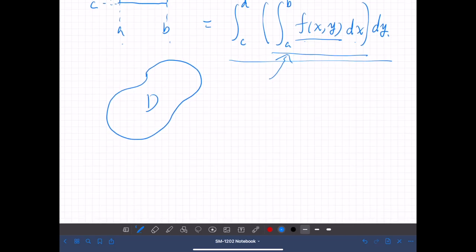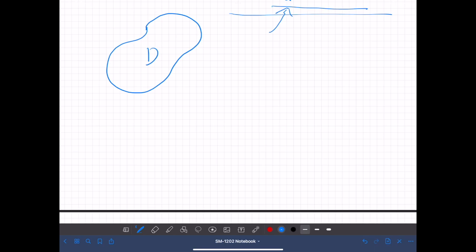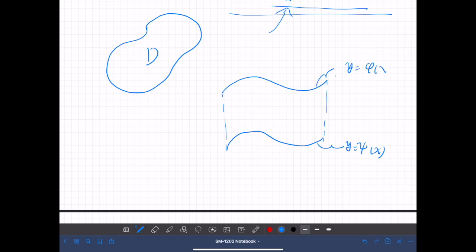But before doing that, we consider a little bit easier problem where the region is sandwiched by two curves. So something like this. This is, let's say, y equals psi of x, and this is y equals phi of x.